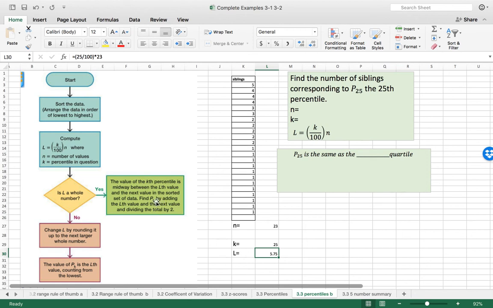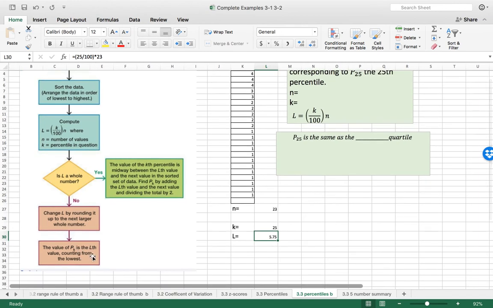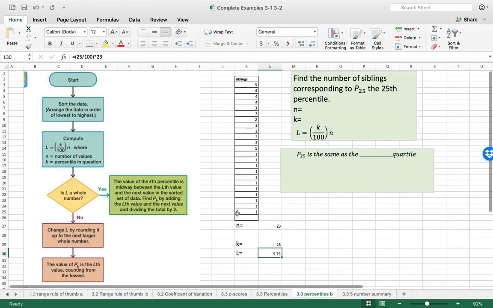So we're going to take the Lth value and the L plus 1 value, add those together and divide by 2. If L is not a whole number, we're going to round L up to the next largest whole number and use that, counting from the lowest, as our nth value.